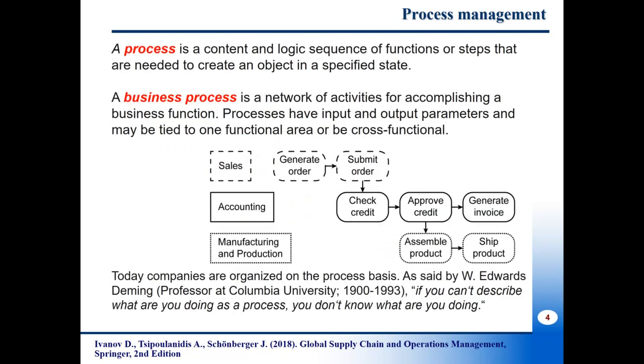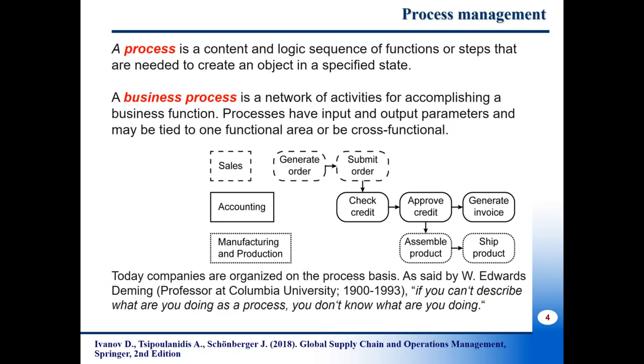Now we are going into process management. A process is a content and logic of a sequence of functions or steps that are needed to create an object in a specified state.